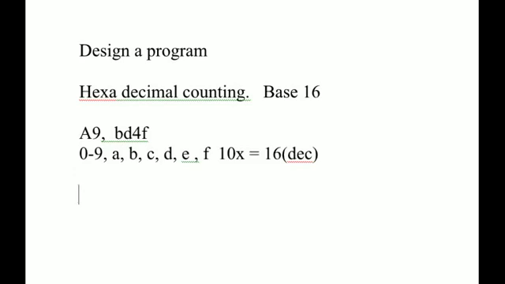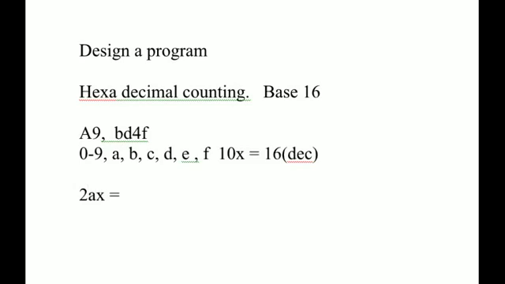For example, if we have the number 20A in hex, how do we convert it? Okay, we start from the right hand side and we take digit by digit and we multiply it by the power of the place where it is.